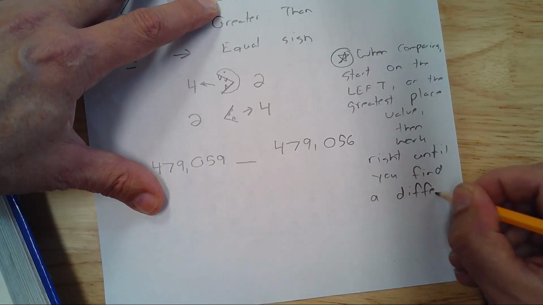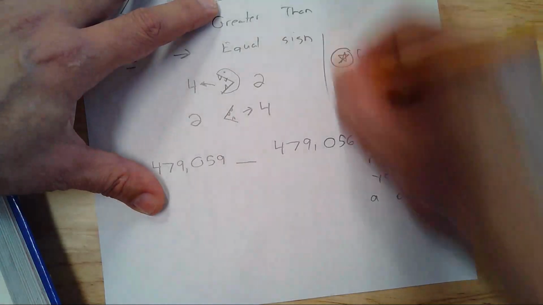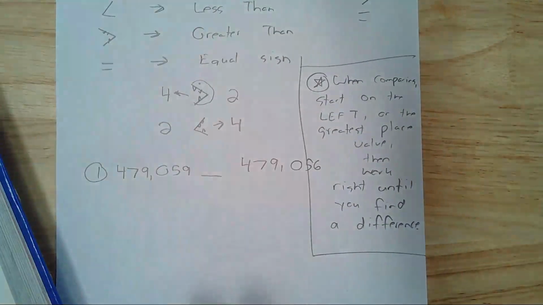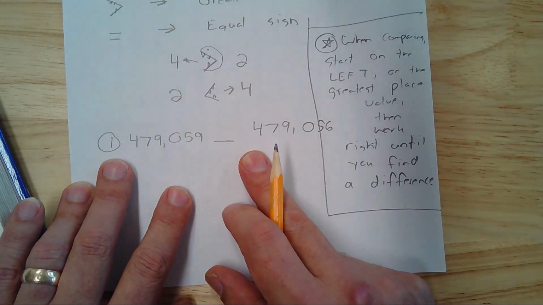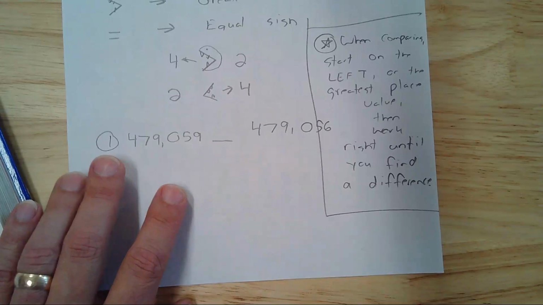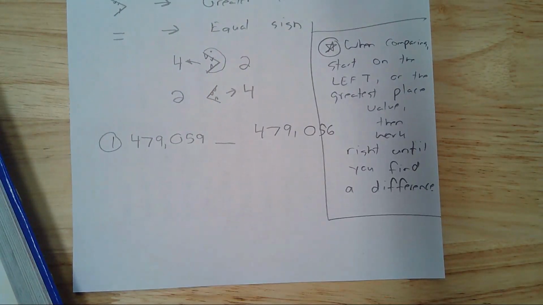This is forever, not just 5th grade, but any comparing we ever will do in 5th grade, 6th grade, 7th grade, 8th grade, 9th grade. When you're comparing, you start on the left of the greatest place values. I'll let you guys write it out here, and then I'll show you how this all works and bring it home for you.